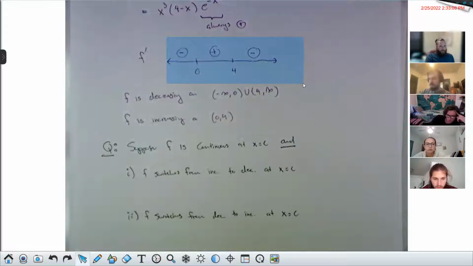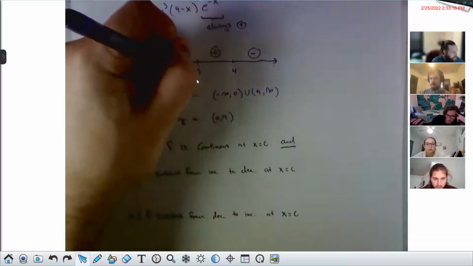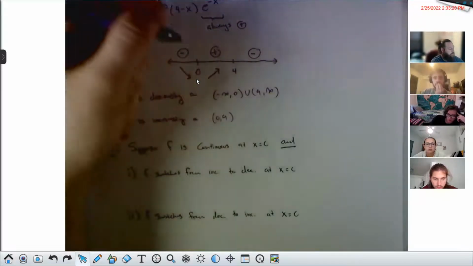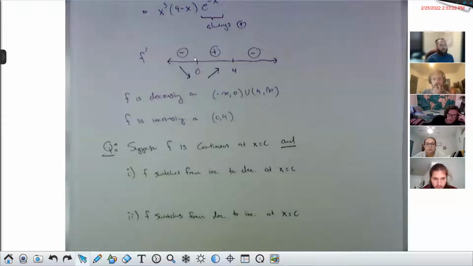Think about this guy. If I'm decreasing until I get to 0, and then I turn around and start increasing, what sort of feature on the graph must exist at 0? A minimum?